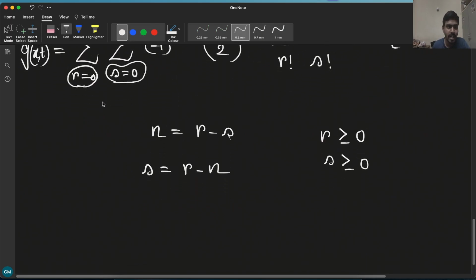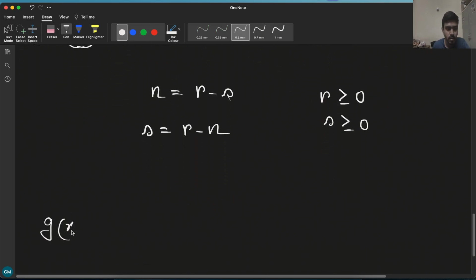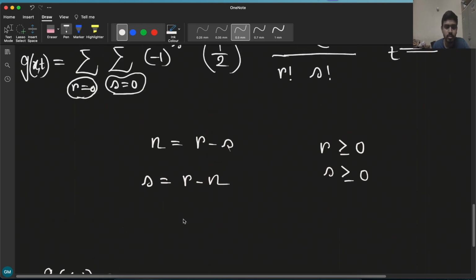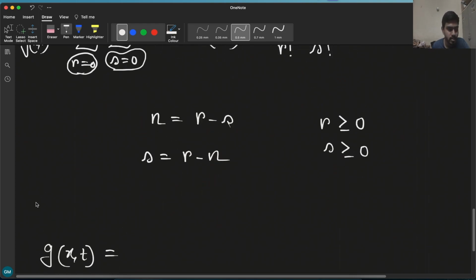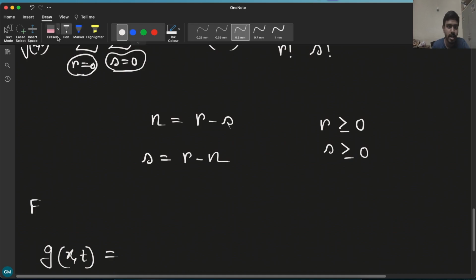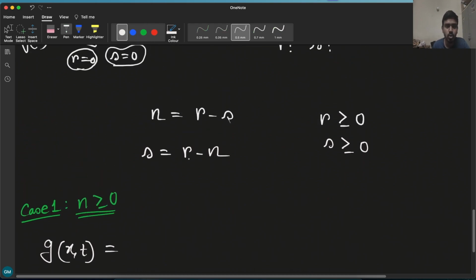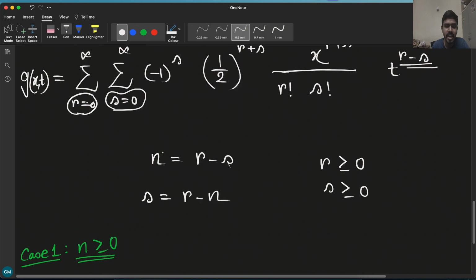So now I will write this generating function, and I will consider case 1, which is n greater than or equal to 0. So I will only consider those terms for which n is greater than or equal to 0. That means when r is greater than s.